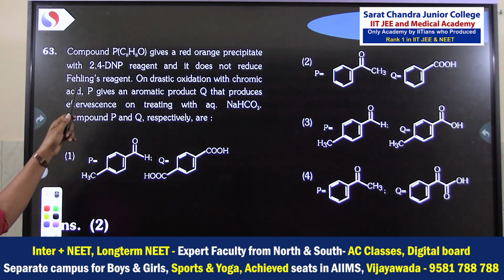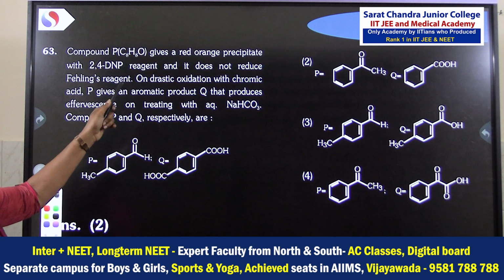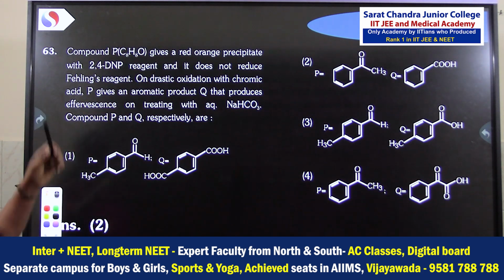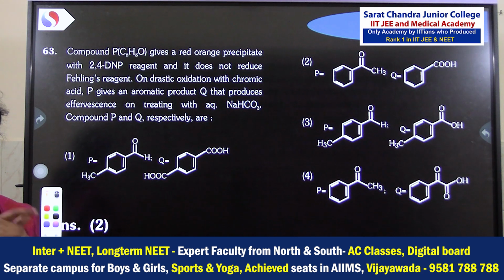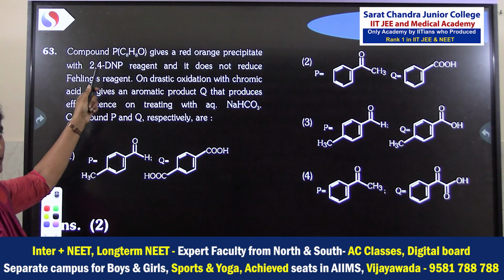So compound P with molecular formula C8H8O gives a red-orange precipitate with 2,4-DNP. What compounds are able to give an orange-red precipitate with 2,4-dinitrophenylhydrazine? Both aldehydes and ketones.